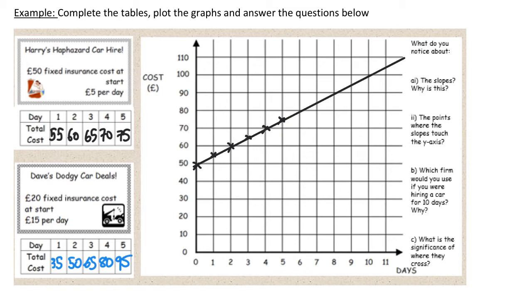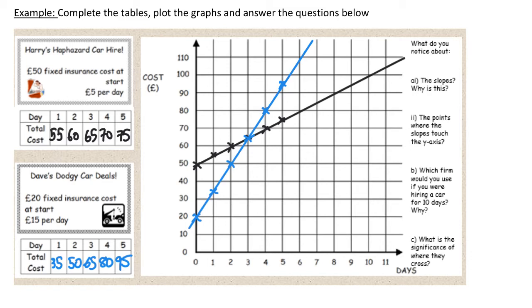His was 0 and 20. And then 1 and 35. 2 and 50, 3 and 65, 4 and 80, 5 and 95, and then again we can draw the line through all those points. And now we can go and set about answering the questions.